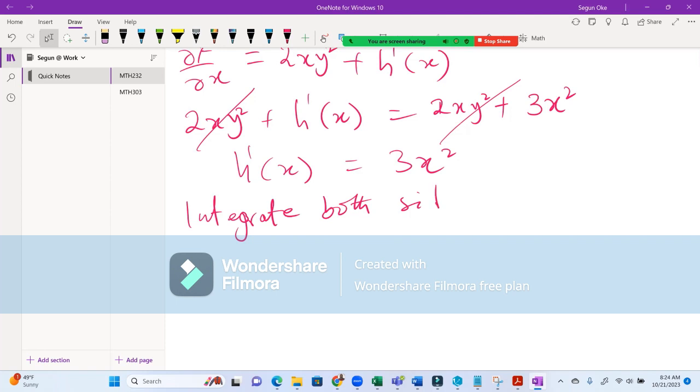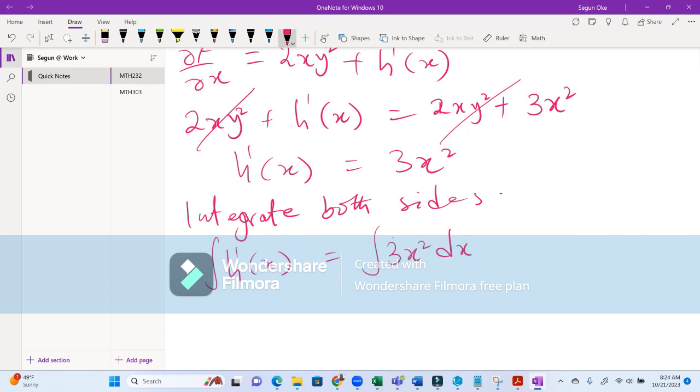So when you integrate both sides, you have the integral of h prime of x equals the integral of 3x squared dx, depending on the variable that is there, which is x. You know integration is anti-differentiation, so integration will cancel differentiation on the other side. So we have h of x equals, let's integrate this side, 3x raised to power 3 over 3 plus c.